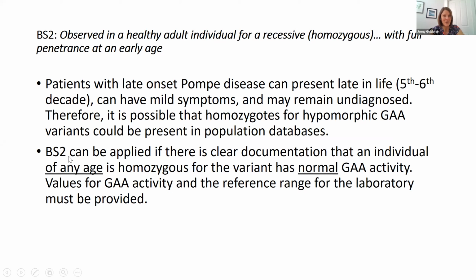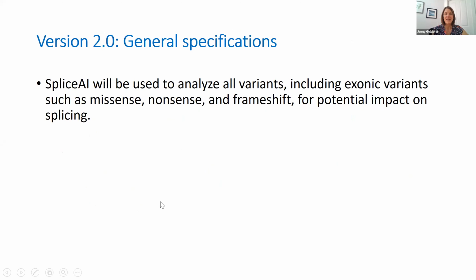To be honest, I'm not sure how often we're going to see that, but it's a code that we added and seemed to make sense. And then lastly, one other thing we added to our specifications was that SpliceAI will be used to analyze all variants, including exonic variants, just to see if there might be any potential impact on splicing.